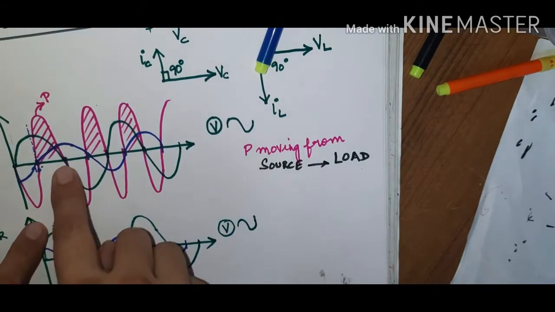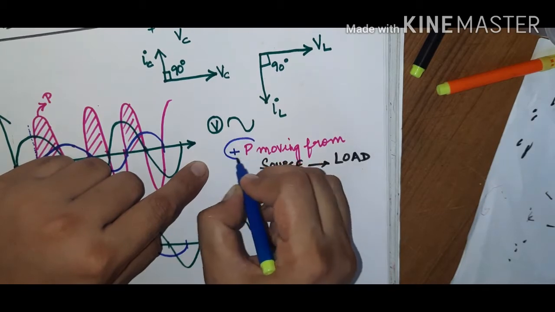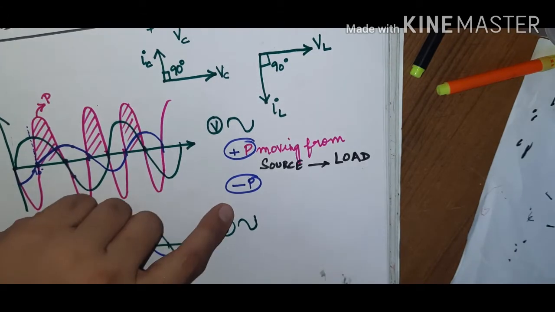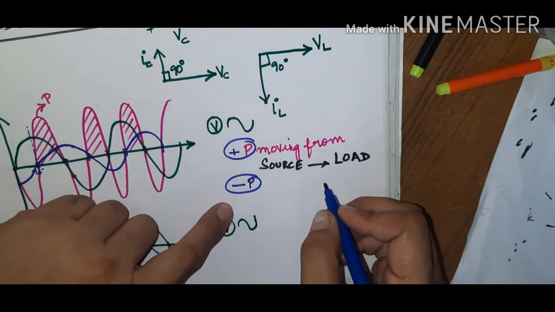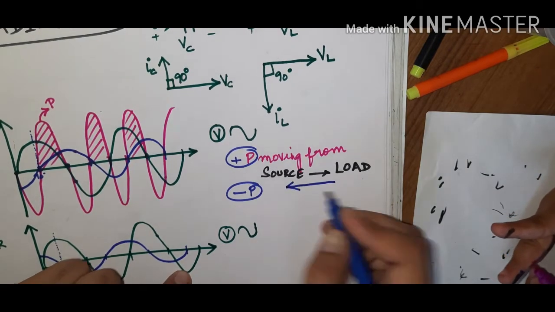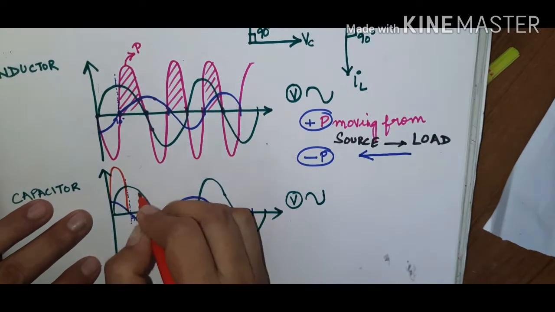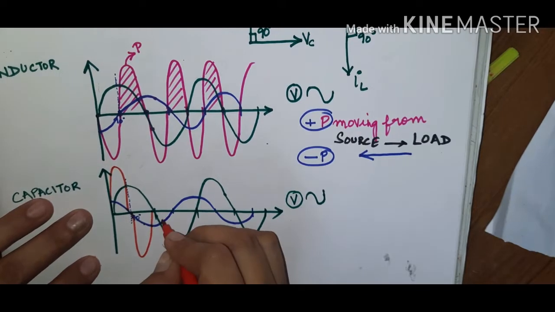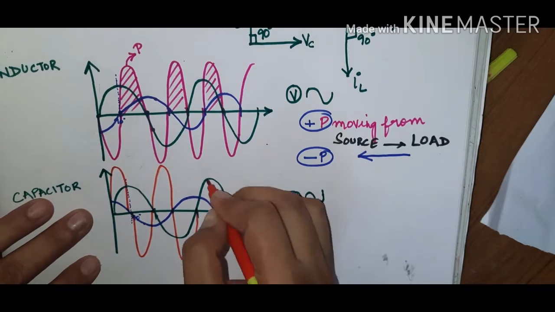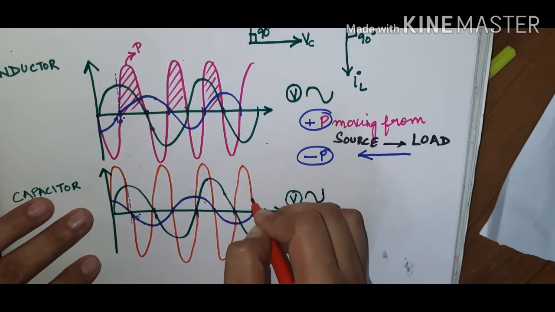And a negative half cycle of the power waveform indicates that the power is moving in the opposite direction. That is, it is moving from the load to the source.